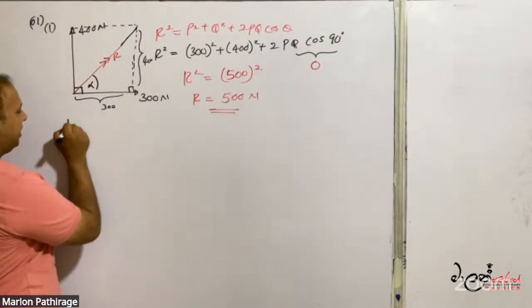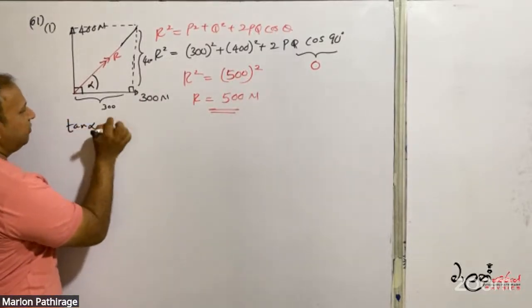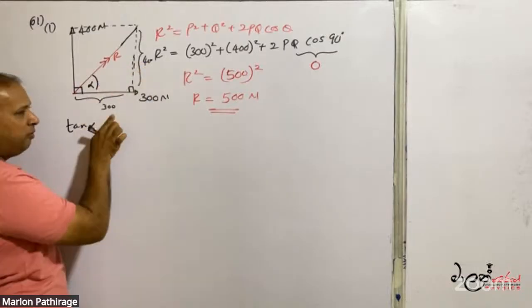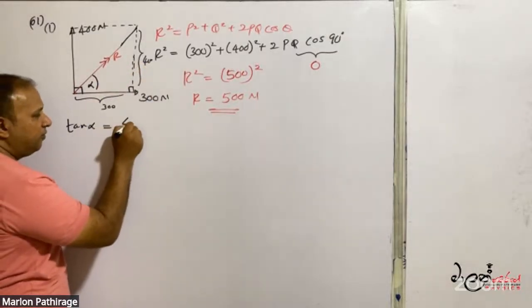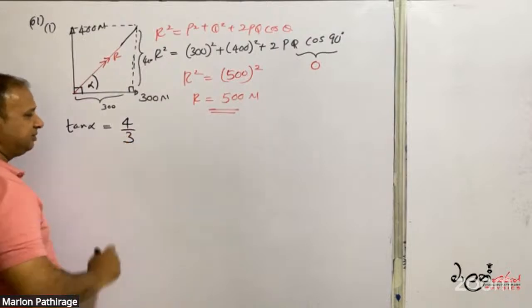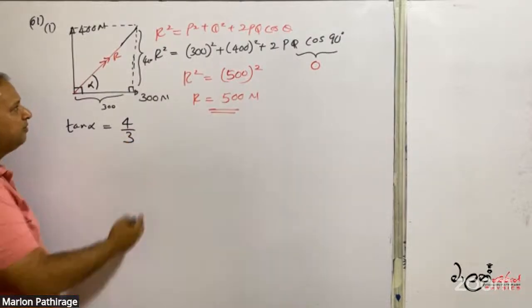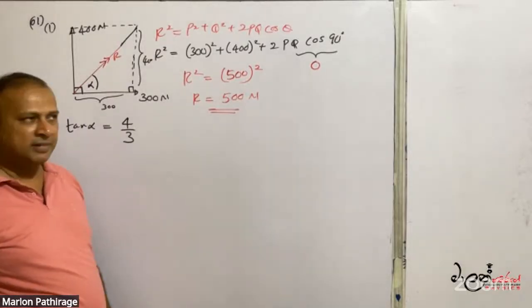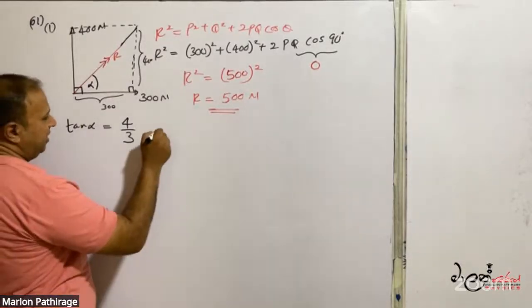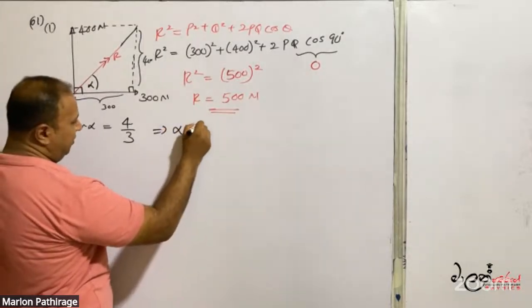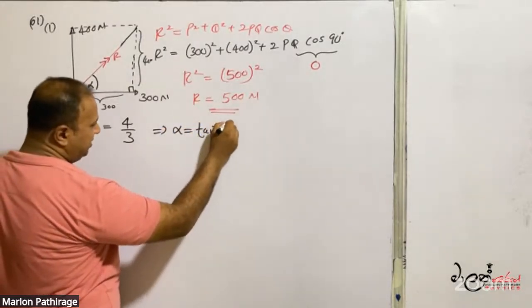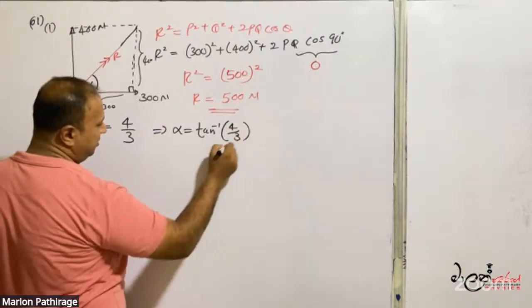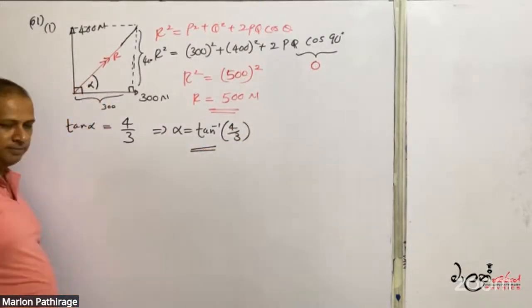Therefore, tan alpha is equal to 400 over 300, that means 4 over 3. No need to write the hundreds. Then alpha is equal to tan inverse 4 over 3.